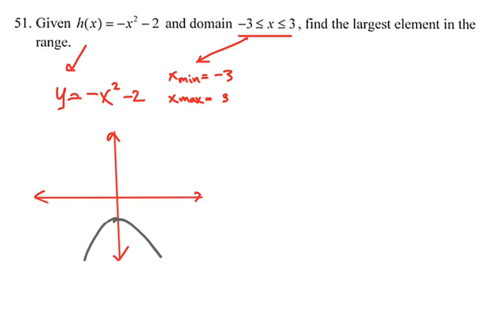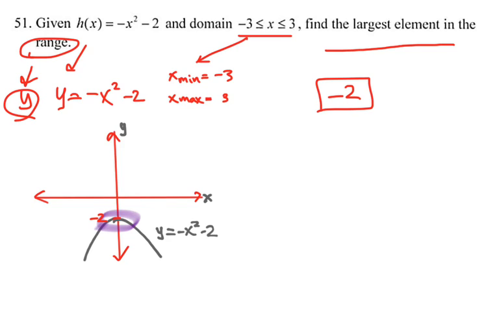If I were to sketch this a little bit, negative x squared minus 2 would look something like this. We are looking for the largest element, meaning the largest y value, which happens to be at the vertex. The y value at the vertex, where x equals 0, is negative 2. So the largest value in the range would be negative 2, which becomes our answer.